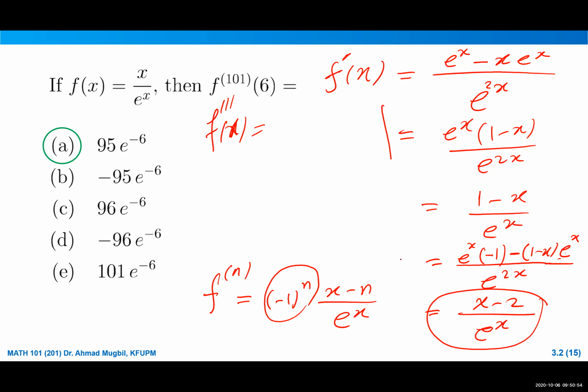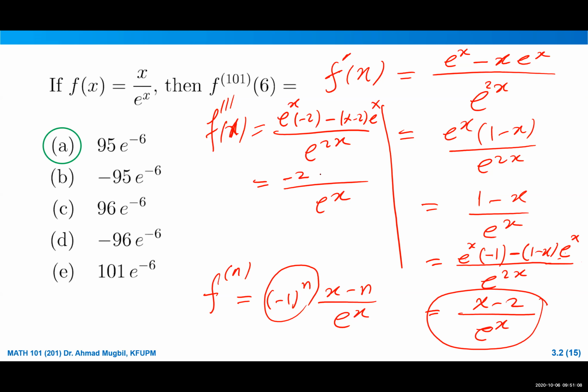The third derivative now will be what? Over e to the power 2x squared. It will be the denominator multiplied by the derivative of x minus 2 e to the power x. Take e to the power x as a common factor, cancel it with that. You will have -2 minus x plus 2... Minus 2.